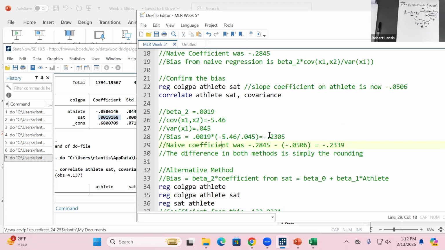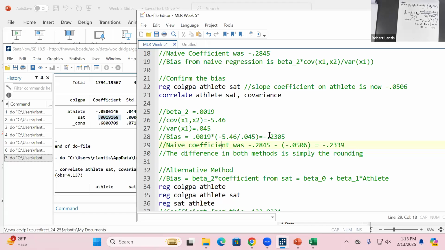All I was doing there, just to be clear, I had beta 2, which was 0.0019. I then had the covariance, which is about negative 5.4, and I had the variance on athlete, which was about 0.44. So I'm just plugging it in to figure out what that bias value was.